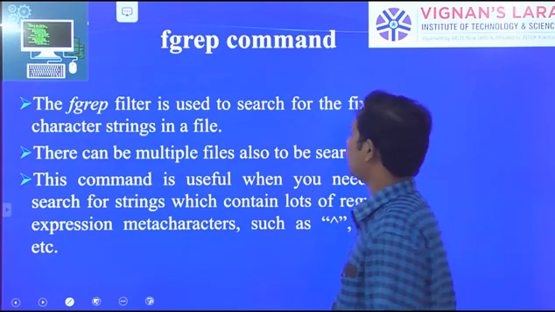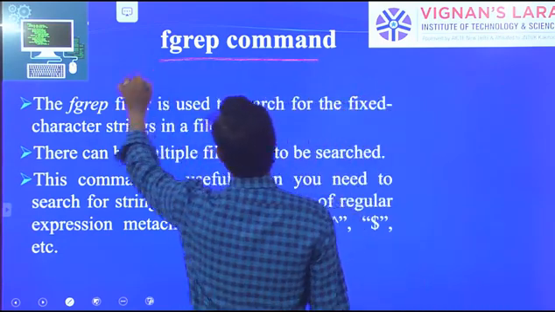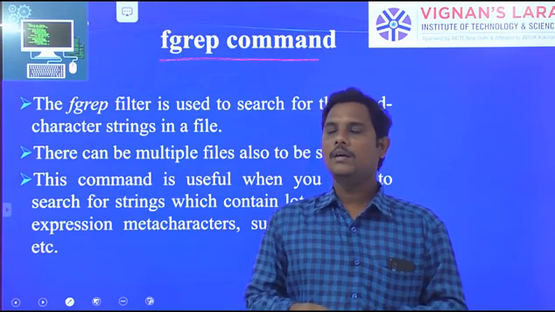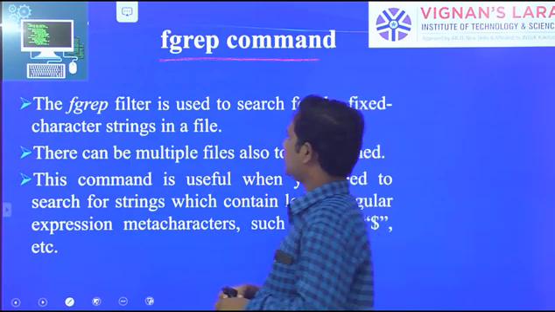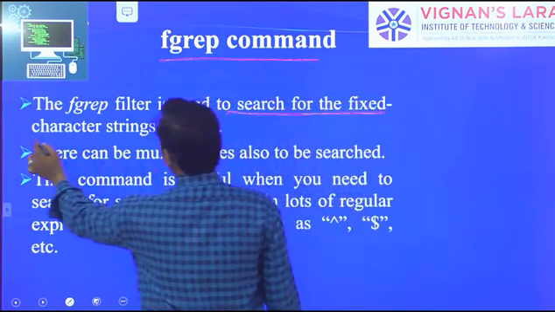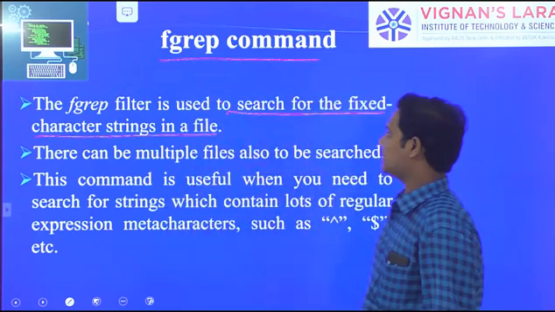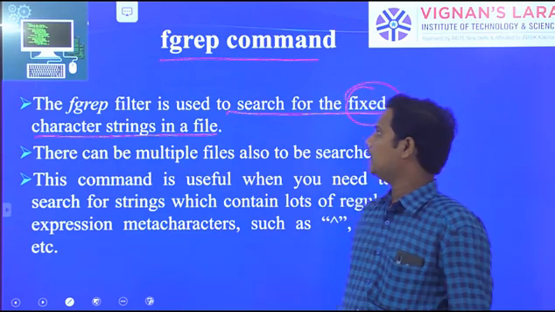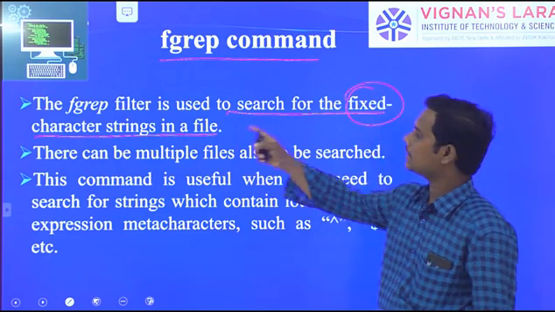Now coming to the fgrep command. F means fixed grep. The fgrep is a filter used to search a fixed character string in a file. Egrep means extended; fgrep means fixed character string.